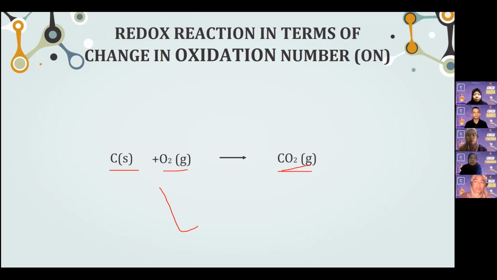So firstly, you have to know the oxidation number of carbon, oxygen, and also the individual carbon and oxygen in CO2.